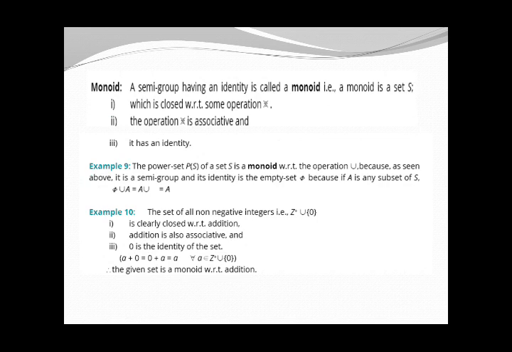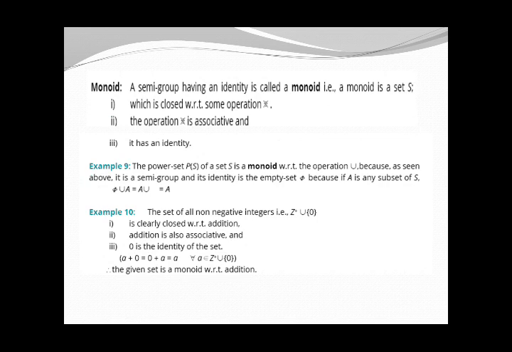And next, the third definition is monoid. First one is groupoid, then semigroup, and now it is monoid. If a set is closed with respect to multiplication and the binary operation is also associative, and it contains an identity.